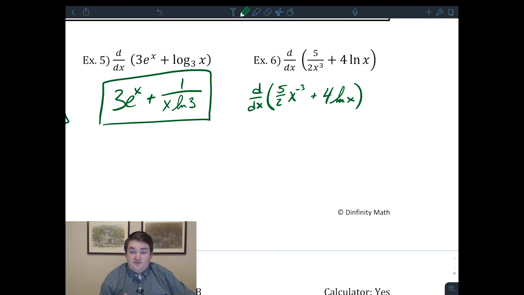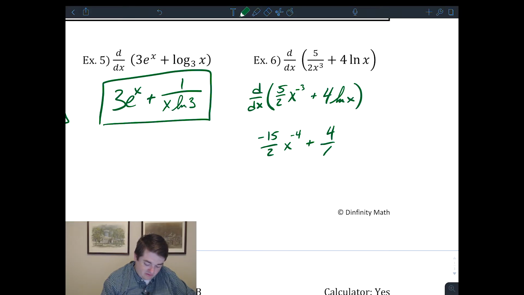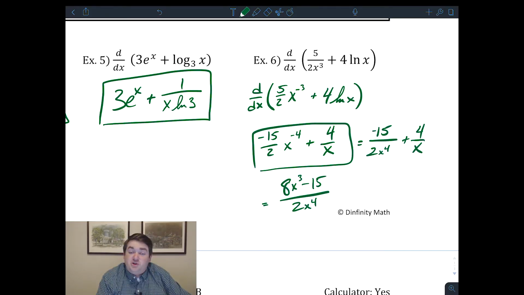So the derivative of 5/2 x to the negative 3, negative 3 times 5/2 would be negative 15/2 x to the negative 4, plus the derivative of 4 natural log of x is going to be 4 times 1 over x, or 4 over x. Okay, and this is a box and run answer, but we can simplify this a little bit. So make sure you know how to find a common denominator if the need should arise.